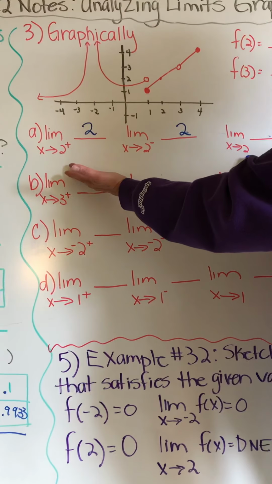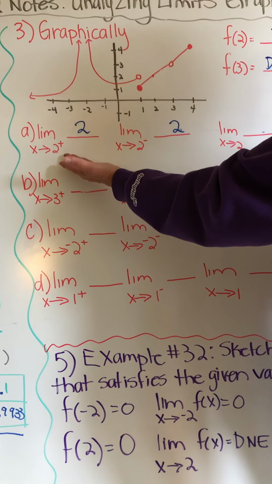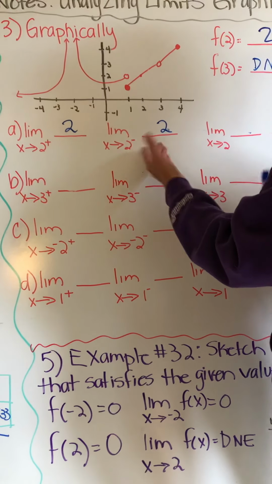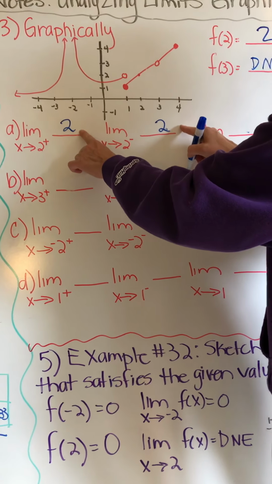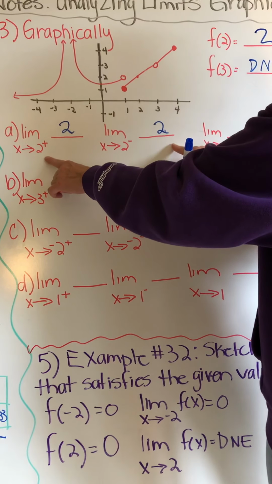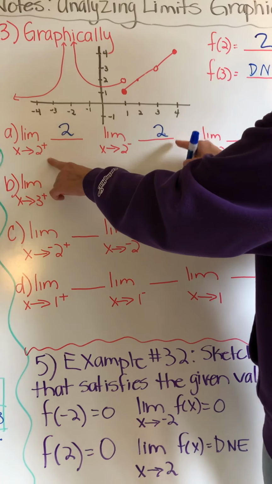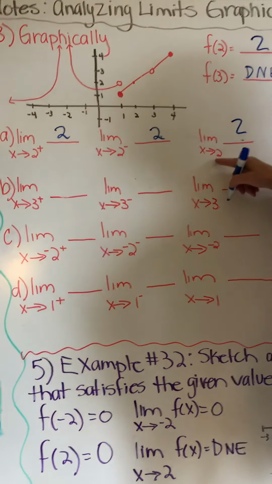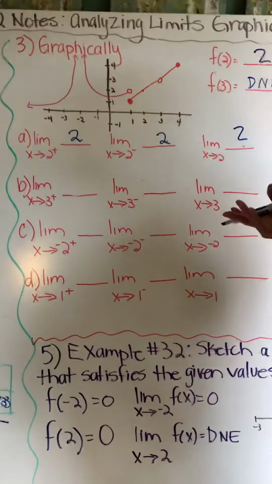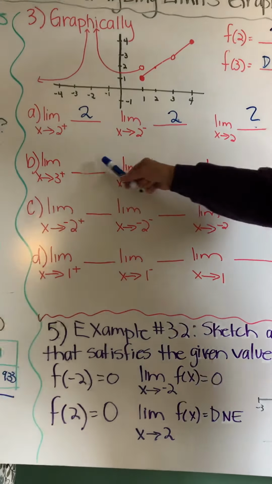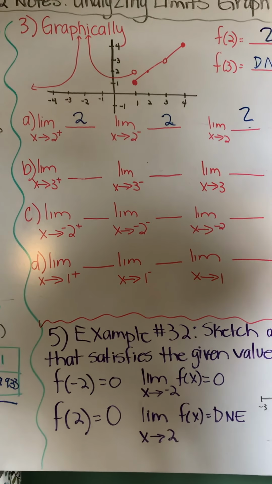That would exist if the value as you approach 2 from the right and from the left are the same. So because the limit as x approaches 2 from the right and the left are 2, the limit as x approaches 2 is 2.